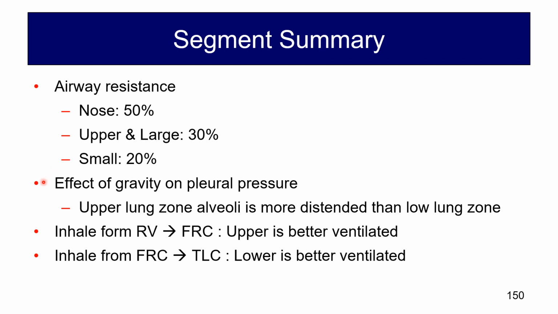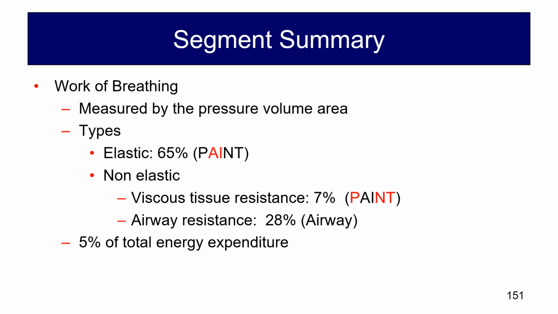Due to the effect of gravity on pleural pressure, the upper lung zone alveoli is more distended than the lower lung zone. When we inhale from RV to FRC, the upper is better ventilated, and as we proceed from FRC to TLC, the lower is better ventilated.